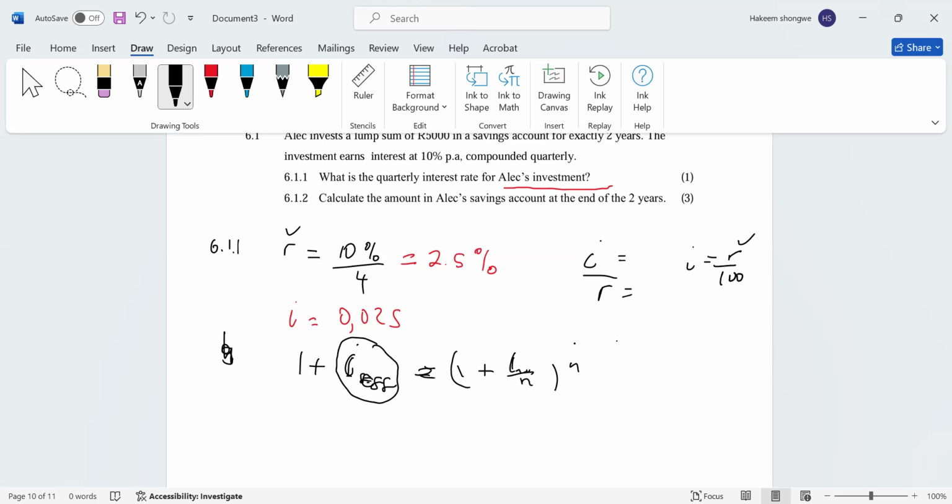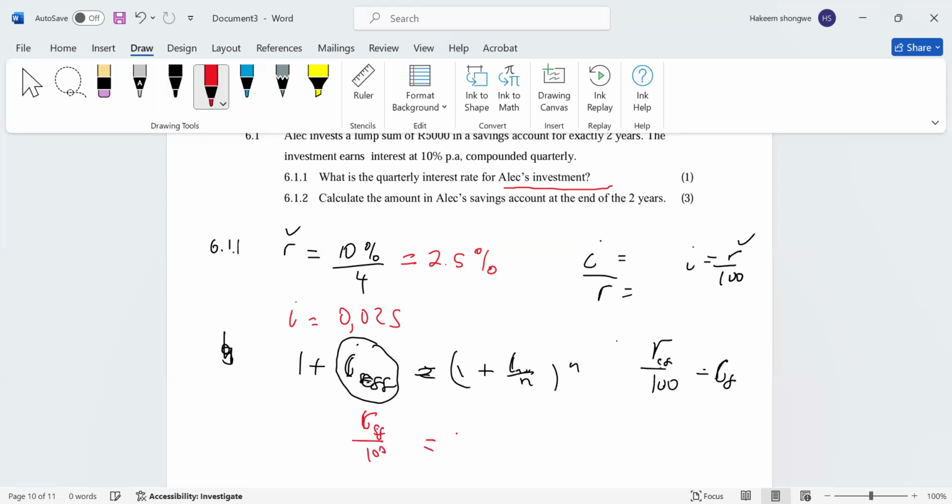Because basically, you're supposed to say this is R effective all over 100, and then you'll see it works best if we do it that way. Because I effective is going to be given by R effective all over 100. So we'll come and substitute here and say here we have R effective all over 100.